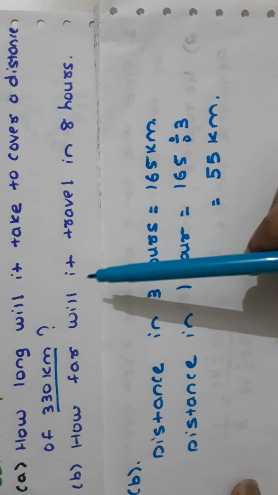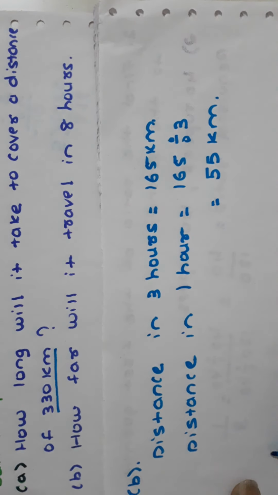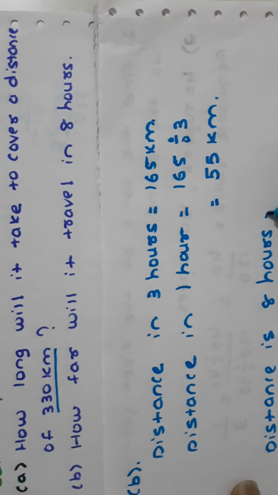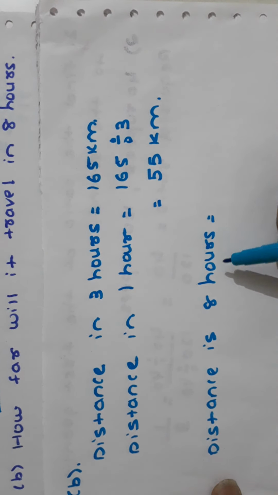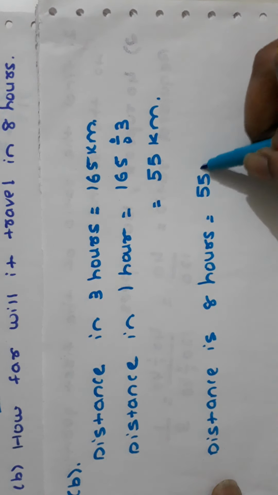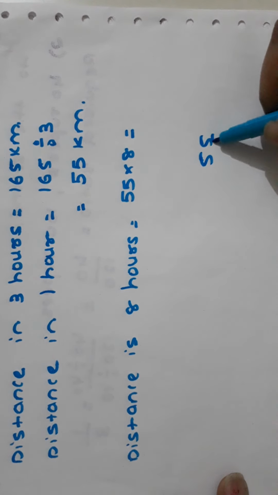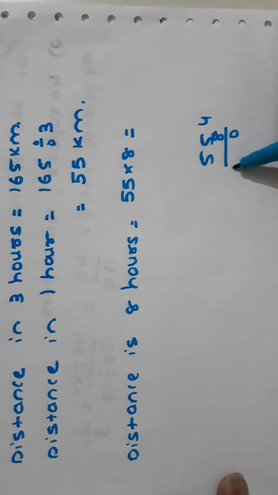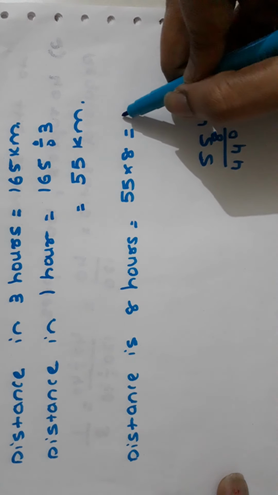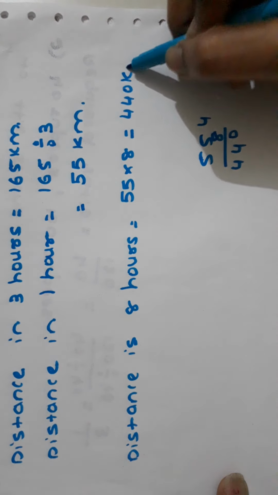But now we have to find the distance traveled in 8 hours. So distance in 8 hours: from 1 to many we will use multiplication. 55 into 8. 55 into 8 is 40, 44, 440. 440 kilometers.